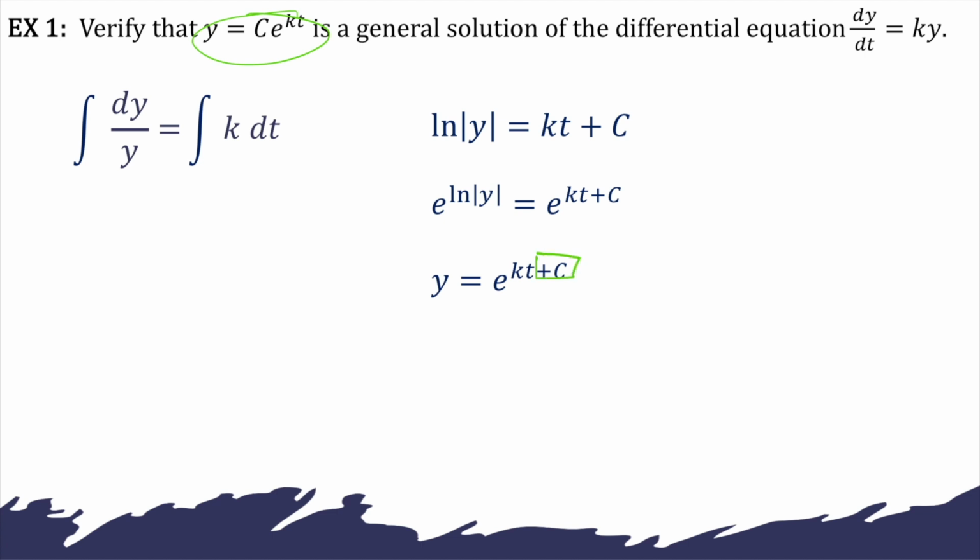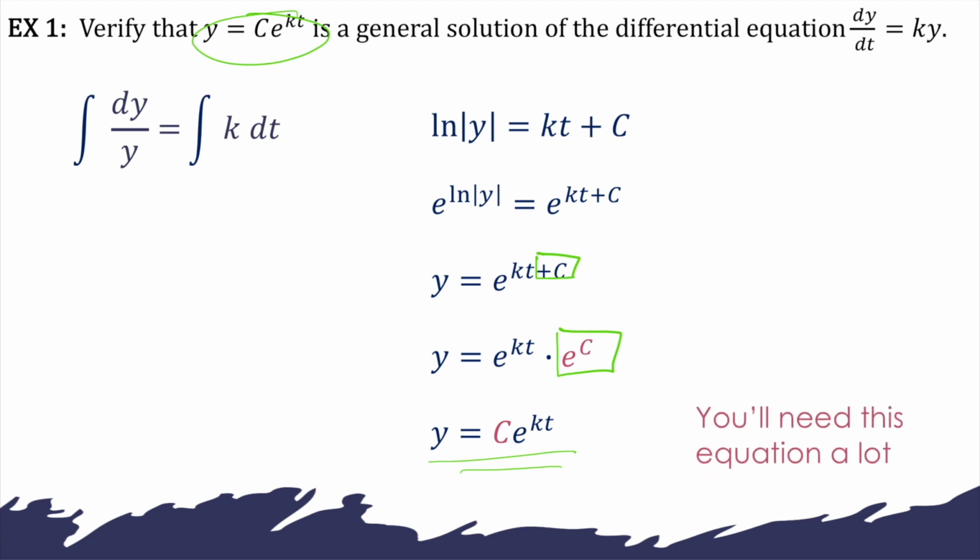So I could actually rewrite that as e to the kt times e to the c, and e to the c is still a constant. So I'm going to rewrite that one more time as y equals that constant times e to the kt. So there is our verification. Now you're going to need this equation a lot, so learn to love it, memorize it.